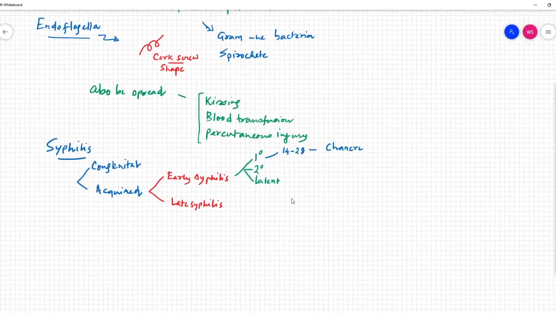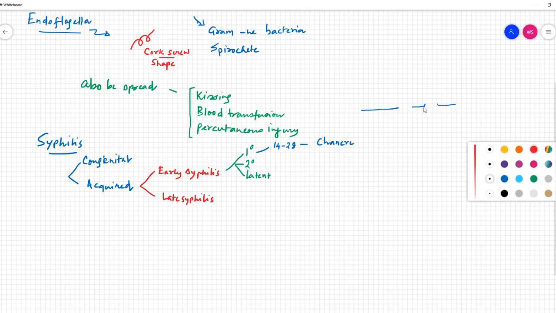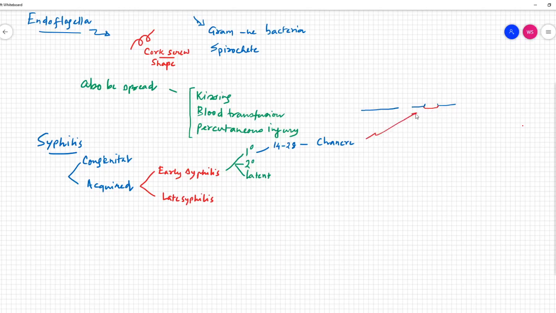Okay, so what is a chancre? So imagine this is the skin, a normal skin, and imagine this is the skin affected by syphilis. Okay. So what you see here in syphilis is there is an induration. Okay, there is a break in the mucosal layer, and the inner layers of the skin are exposed, and that is called a chancre.